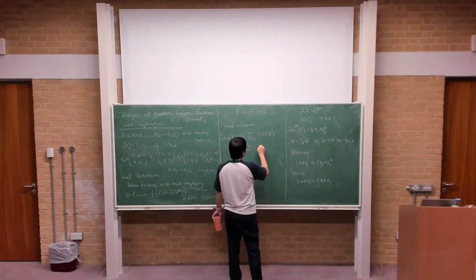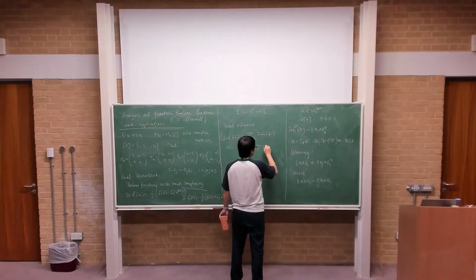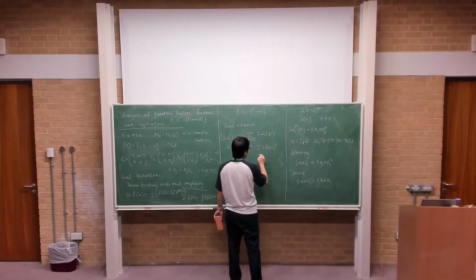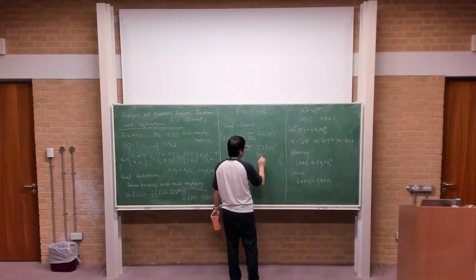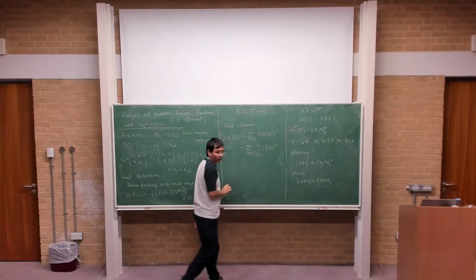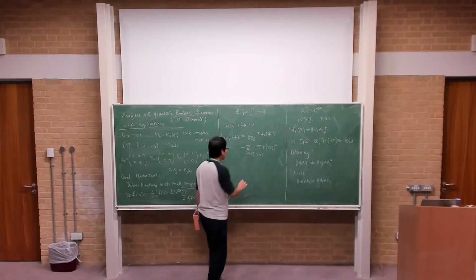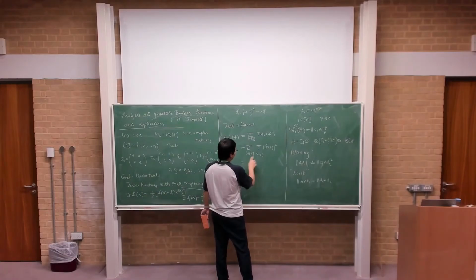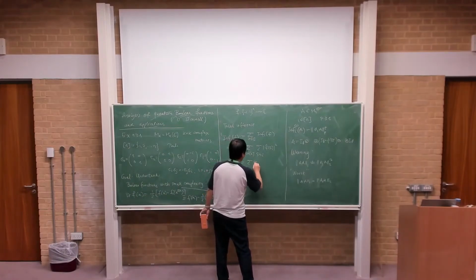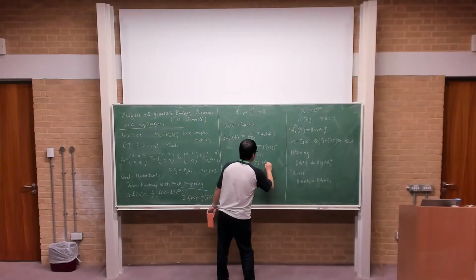Recall that the influence of the i-th variable is the sum of squares of Fourier coefficients, where S contains this i. Now you sum over all the possible i's. What you get is essentially the Dirichlet form corresponding to the Laplacian operator. So in other words, this is equal to the cardinality of the set S times the square of the Fourier coefficients.